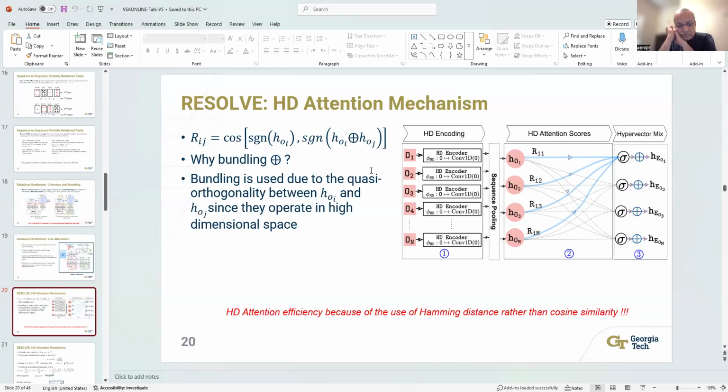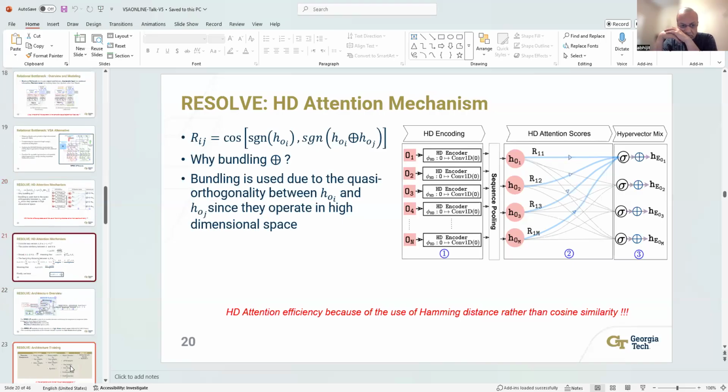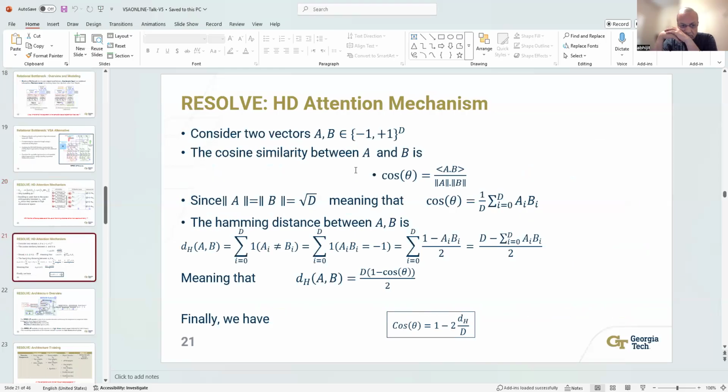And to make this computation efficient, we will benefit from the speed up of the Hamming distance. Here we provide a proof of how to move from the cosine similarity in bipolar elements to the Hamming distance.